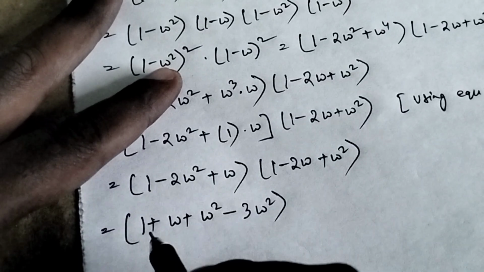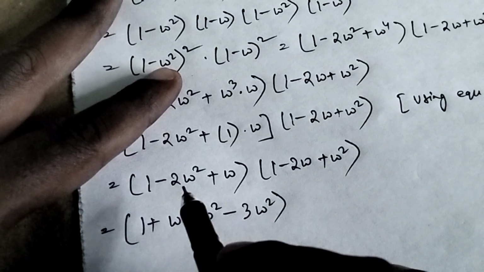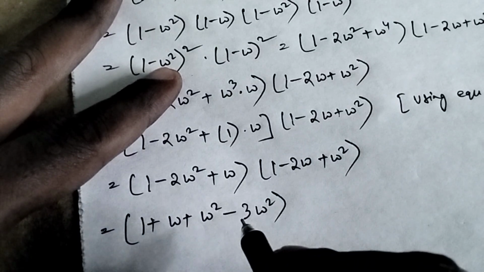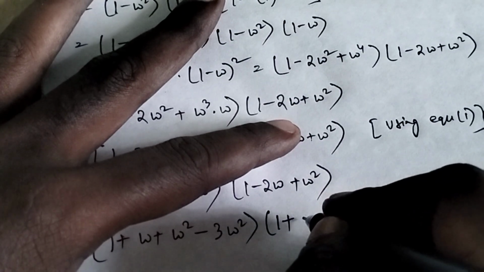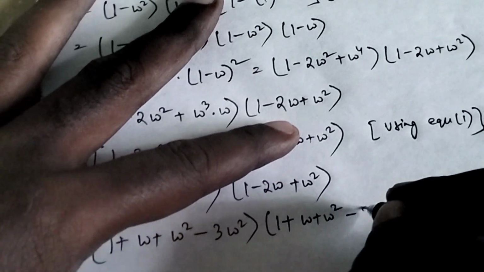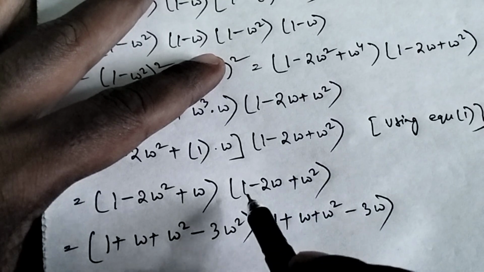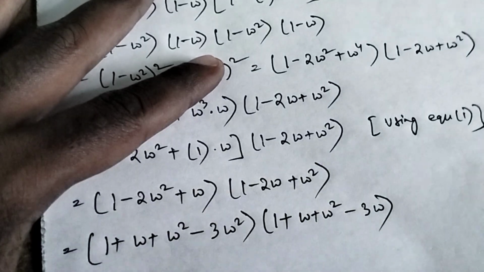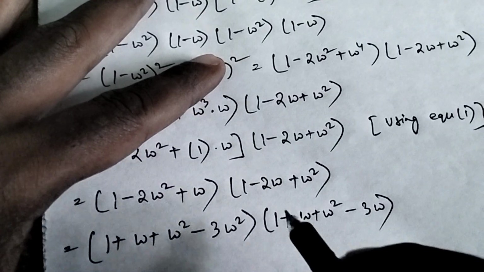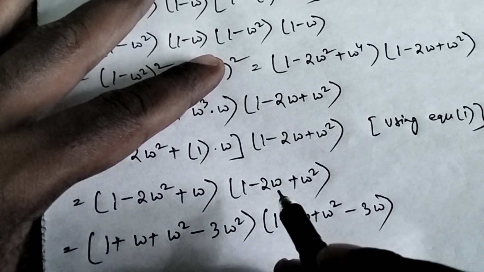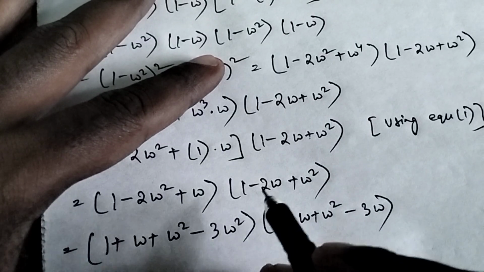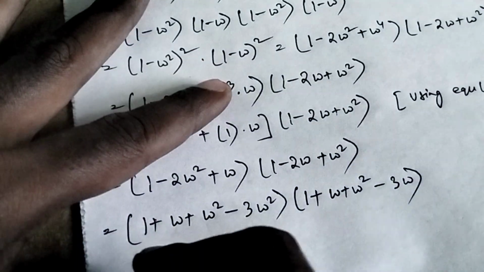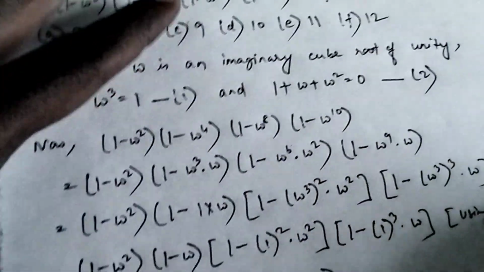Same way here, 1 plus omega square minus 3 omega. 1 plus omega square is already there. Minus 2 omega I am writing as omega minus 3 omega. Omega minus 3 omega is minus 2 omega only. Clear? Now we know in equation 2, 1 plus omega plus omega square is equal to 0.